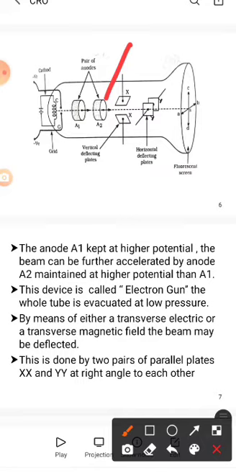So the beam will be highly accelerated by anode A2 when A1 is kept at a higher potential.